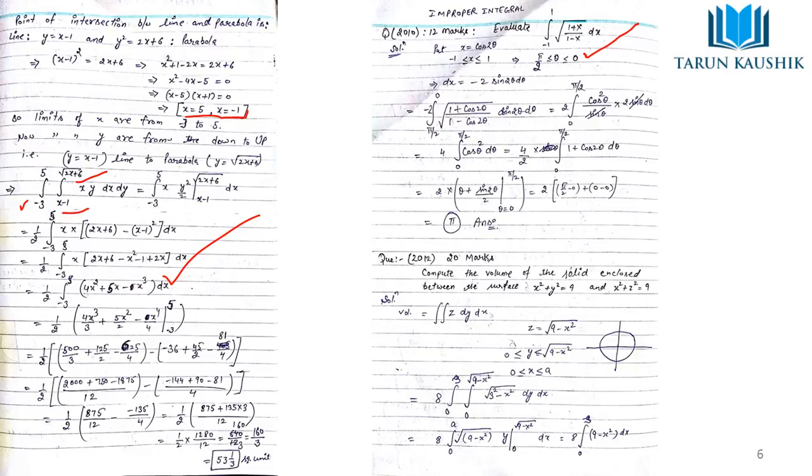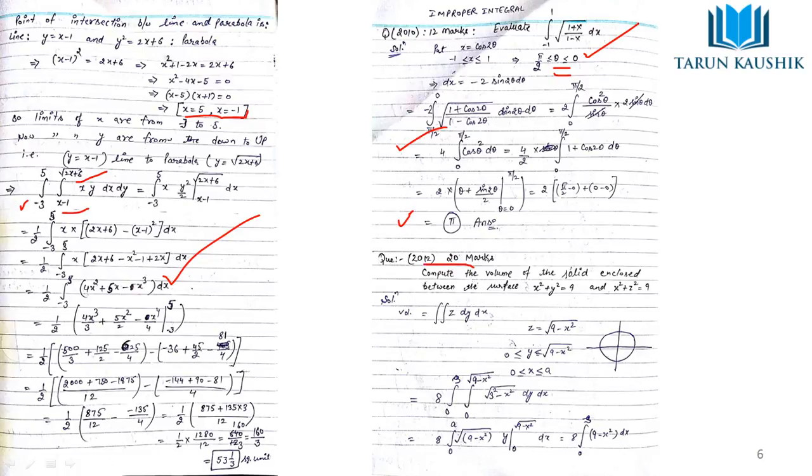So just do the simple, you can say that put the value x equals to cos 2 theta and change that value of x in the terms of theta, so that we can convert the value of x in the term of theta and the limits also in the terms of theta. So we are getting the limits in the form of pi by 2 to 0, and after doing just put the value, you can see what I have done. You can see the value, the answer will be pi.